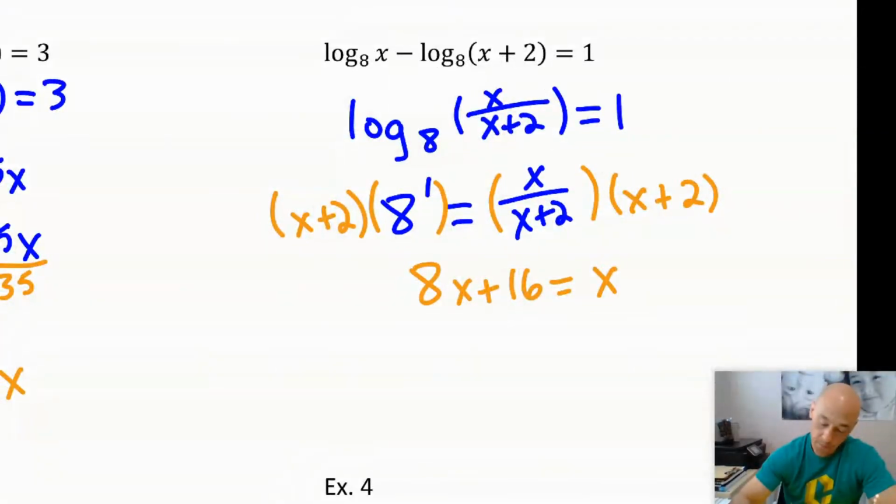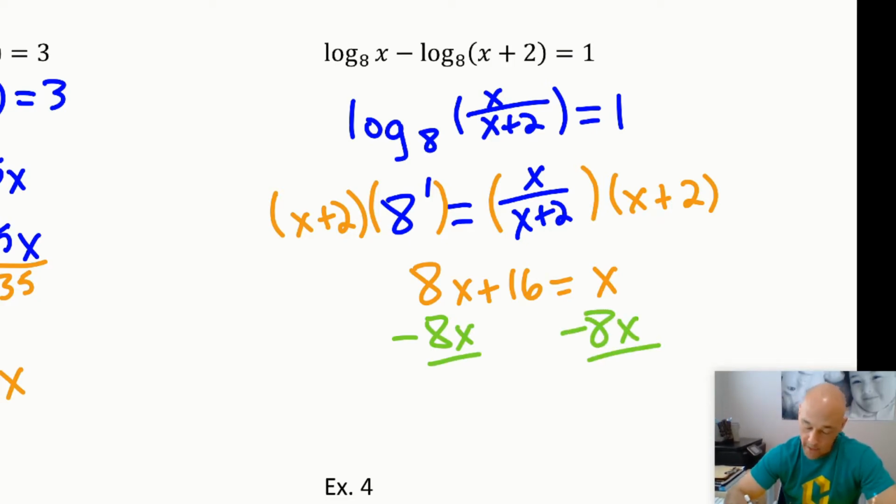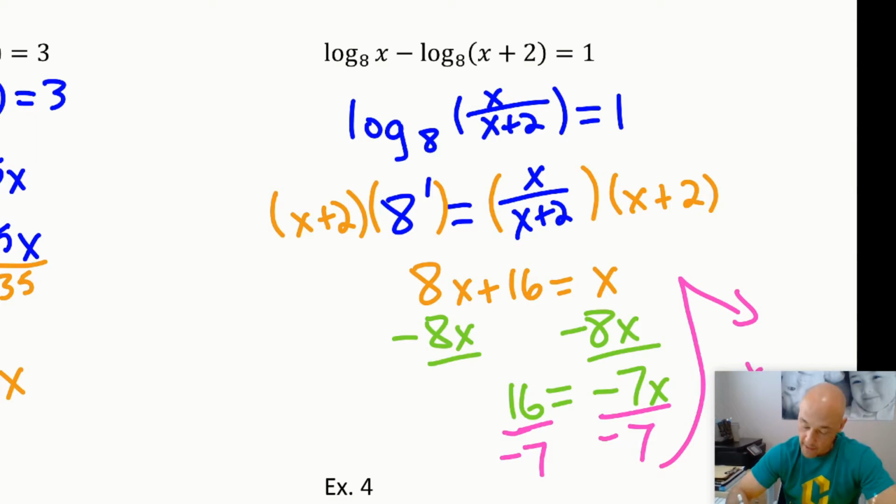Now here, I'm going to subtract 8x from both sides. We'll get negative 7x is equal to 16. And finally, dividing both sides by negative 7, we will get x is equal to negative 16 over 7.